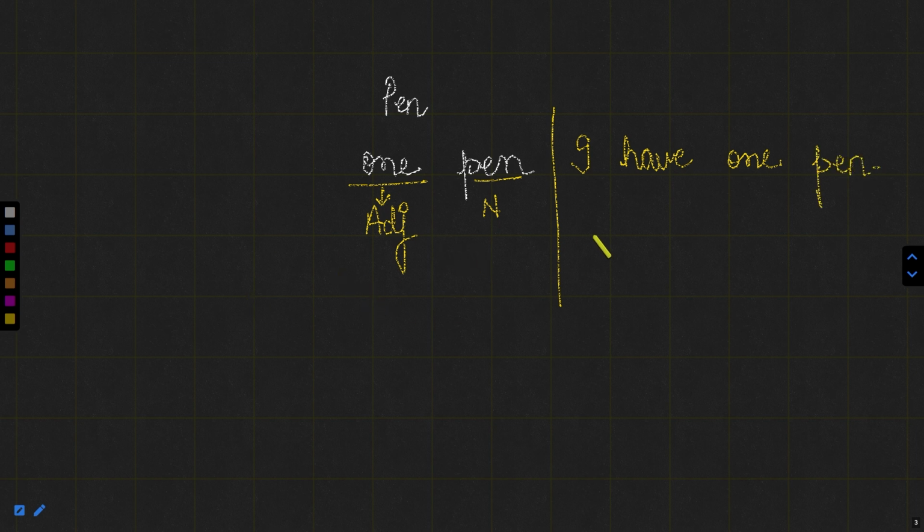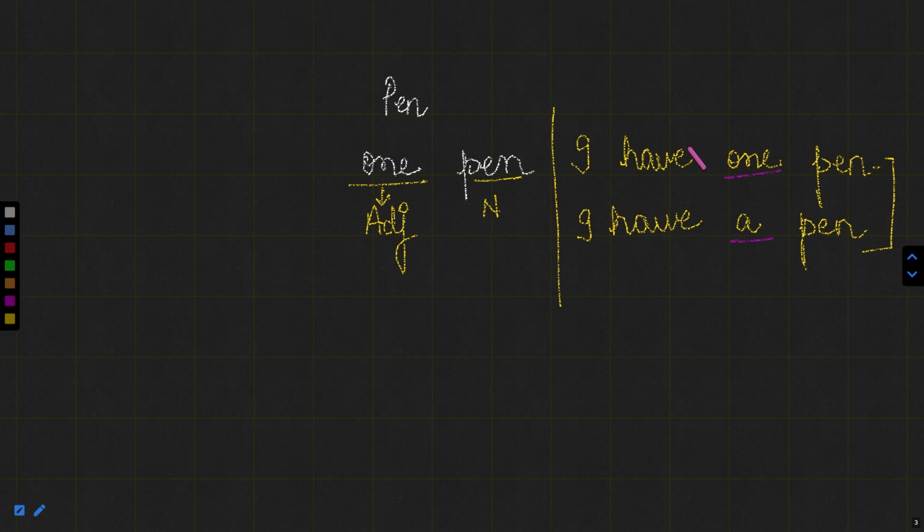Now, if I say I have a pen, I have a pen. Does this make any difference? Are these two sentences different? No, the meanings of these two sentences are actually the same. It means if I am saying I have one pen, that is correct. I have a pen, that is also correct, because a pen also means the same, that I have one pen.